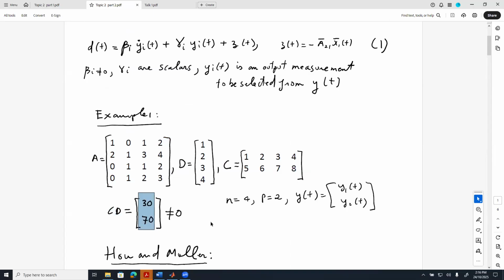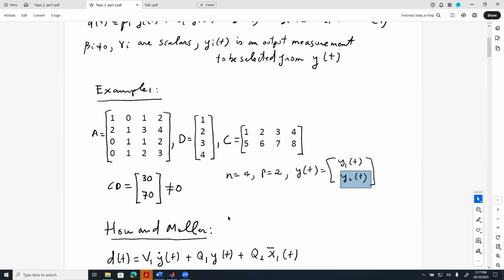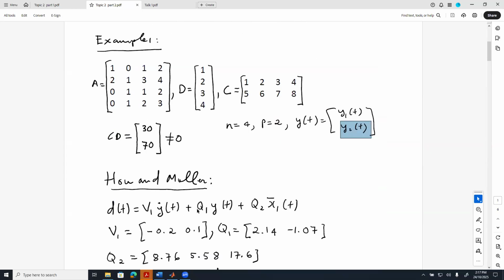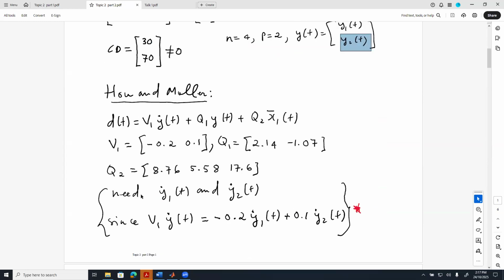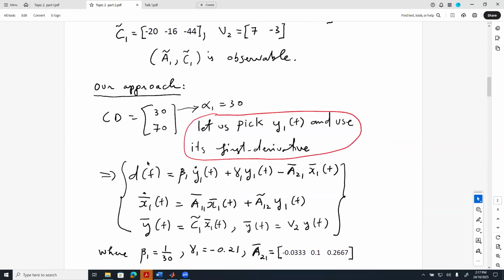That means that either the first output measurement or the second output measurement can be used in the decomposition. If we pick the first output measurement, then the unknown input is expressed in this form. It contains the output measurement Y1 of t. And the reduced system is in terms of Y1 of t.